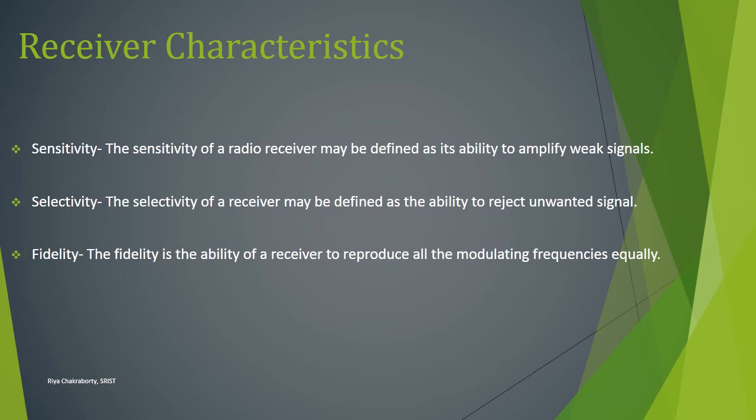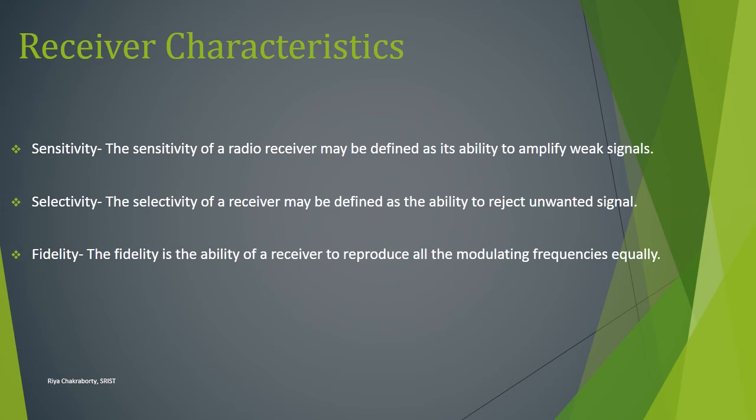It also expresses the attenuation that the receiver offers to signals at frequencies adjacent to the one to which it is tuned. It may be noted that selectivity depends upon some factors. Number 1, it varies with receiving frequency.